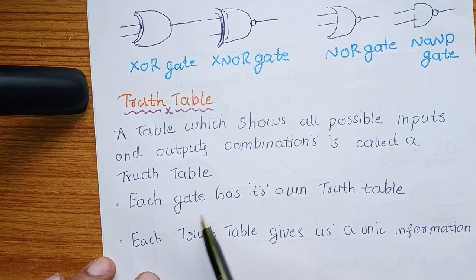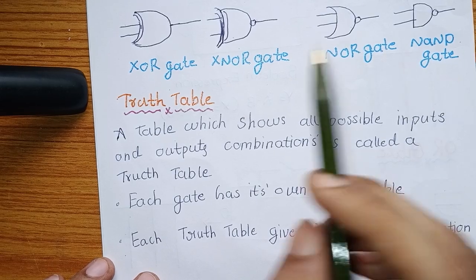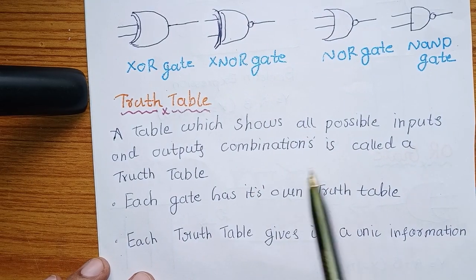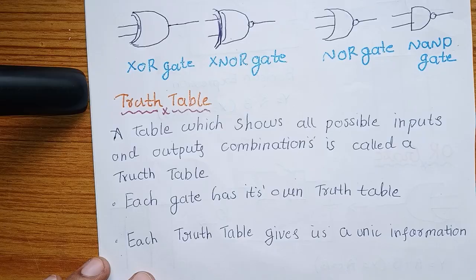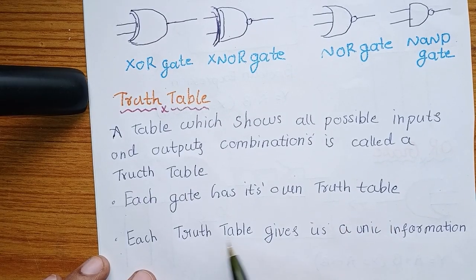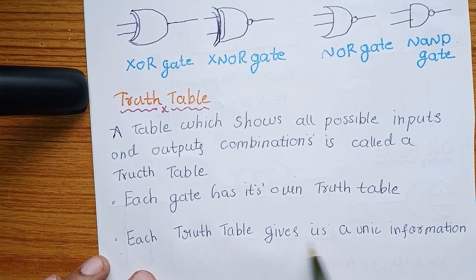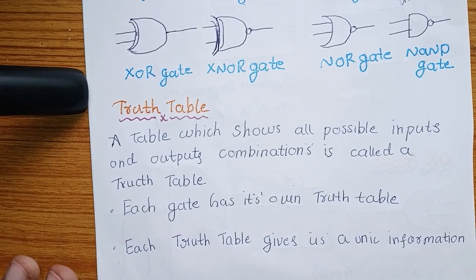Each logic gate has its own truth table. Each truth table gives unique information about the specific logic gate, nothing more.